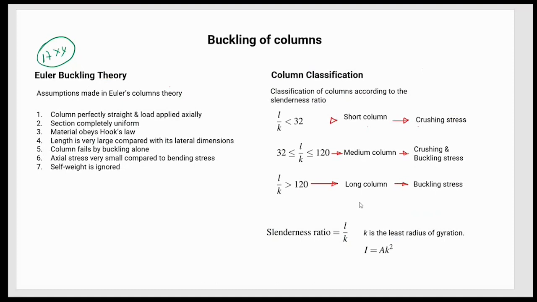The way to determine the classification of the column is based on the slenderness ratio, which is a geometrical figure that relates the length of the column with the radius of gyration of the column. The radius of gyration is related to the inertia properties of the area and the area of the column. When you calculate this slenderness ratio and it falls within one of these categories, then you can know how this column might fail.